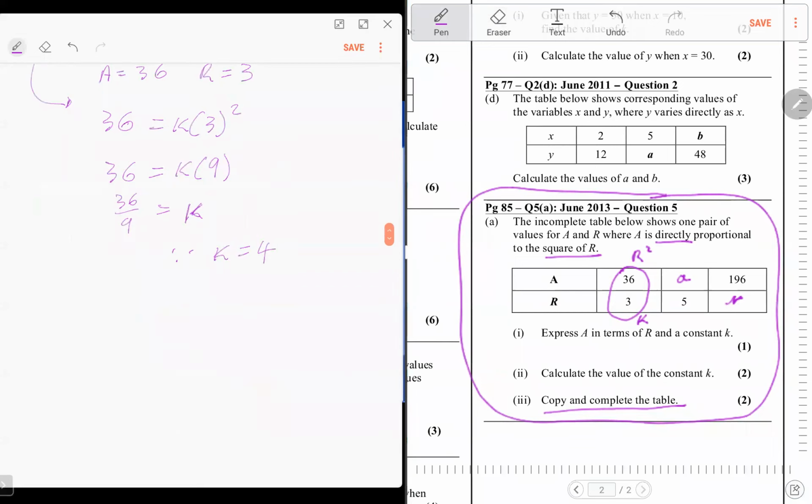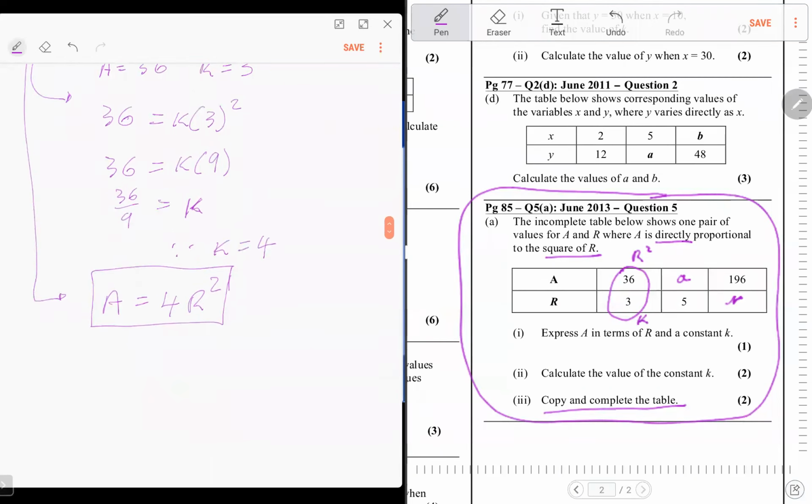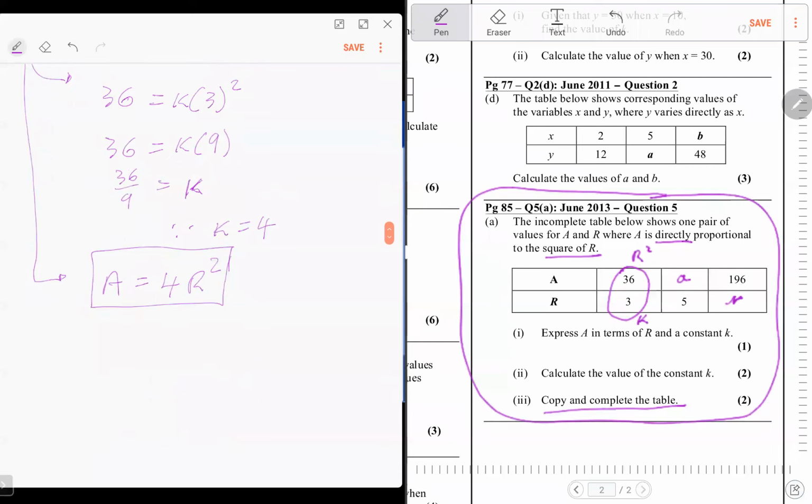Part 3. Oh, we're not finished yet. Now that we have the K, we're going to write the relationship formula. So this relationship formula becomes A equals 4 times R squared. This formula now governs everything going forward. You now know the relationship fully between A and R.